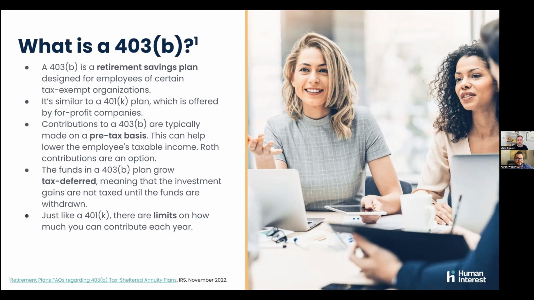And then when you need it, whatever year that is, then some of the taxes might be assessed, depending on whether you did pre-tax or after tax. Okay. And just like a 401k, there are limits on what you can defer or what you can contribute each year. But they are pretty large, and we will touch on those a little bit later in a second.